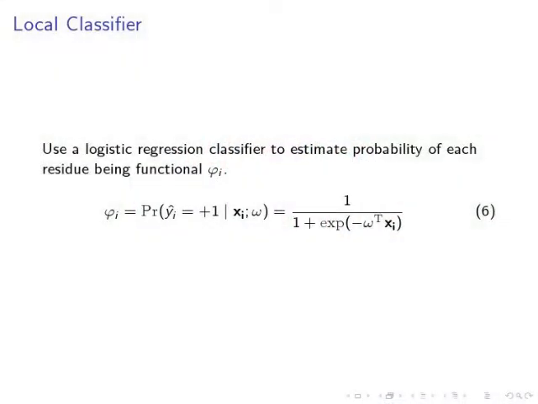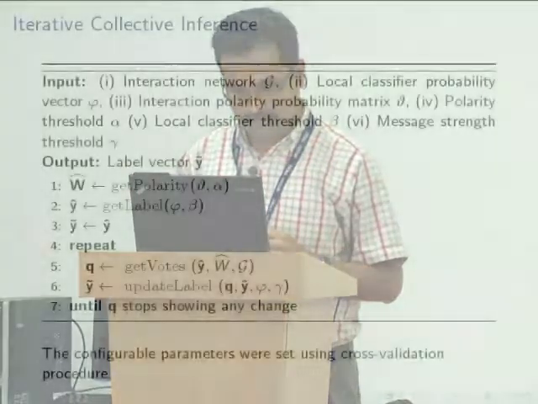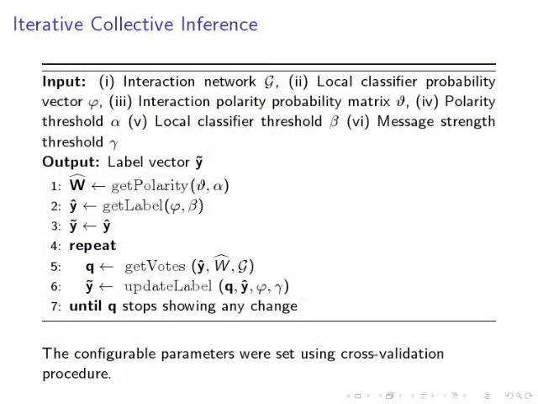And in the same manner, we use again logistic regression classifier with L1 regularization for predicting the node label, and use this in the setting of iterative collective inferencing, which is the main piece of the work.